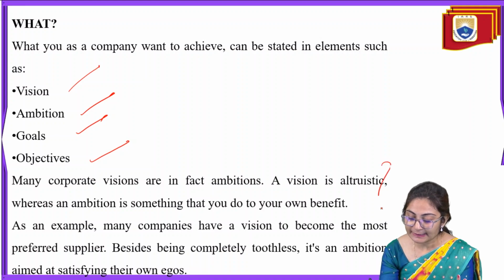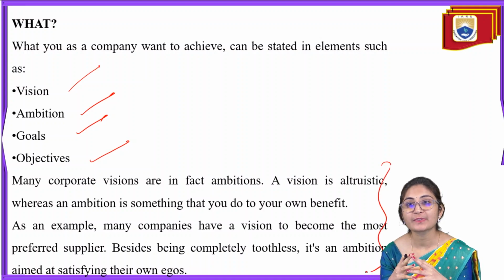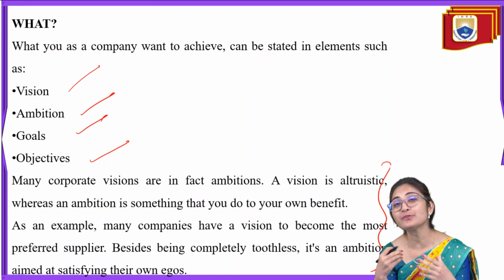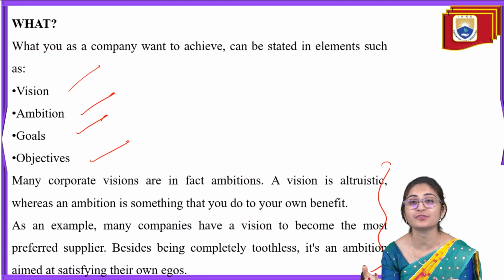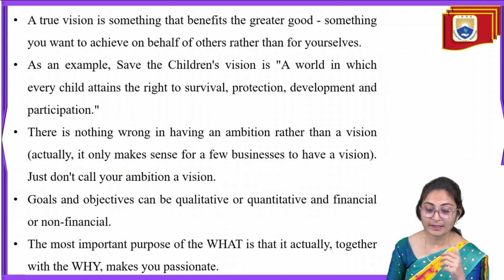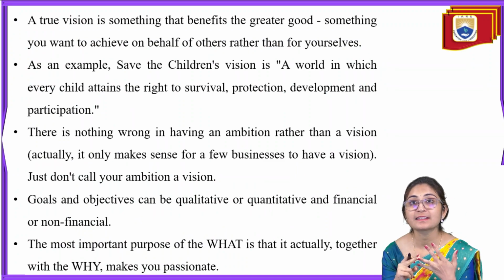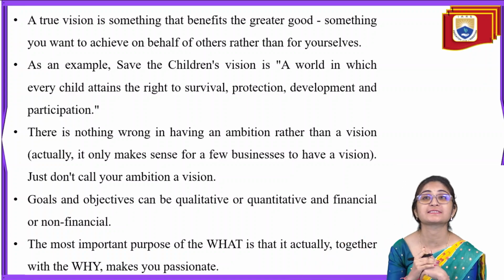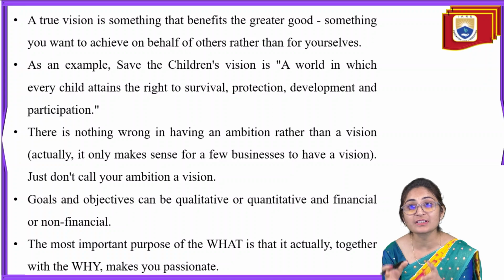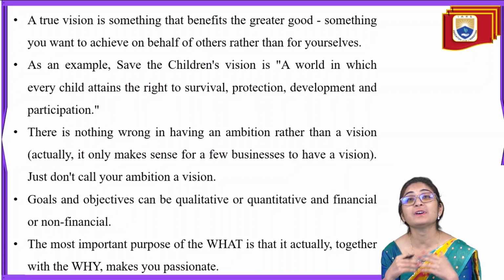So this is about the what. We have to find out what we want to achieve. A true vision should benefit the greater good, something you want to achieve on behalf of others. Save the Children's vision, for example, is a world in which every child attains the right to survival, protection, development and participation.